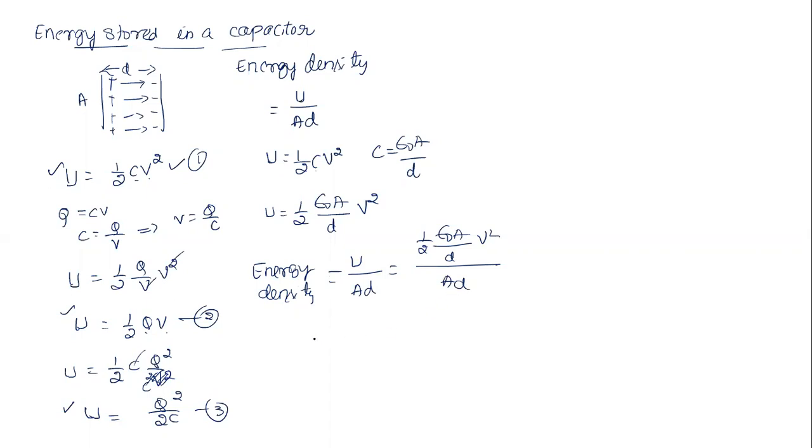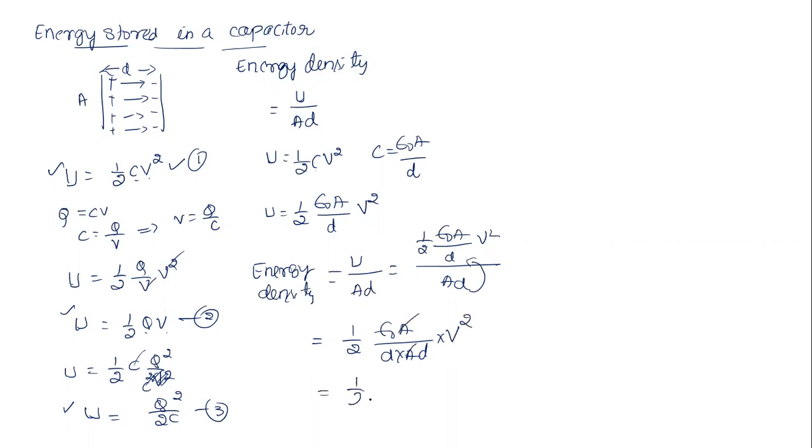If you look at this, what is going to cancel now? It has become half epsilon naught A divided by D into A into D, and V square we keep, and here the area is going to cancel.